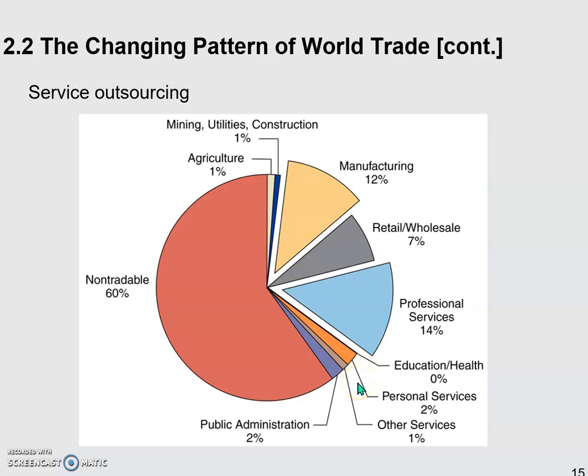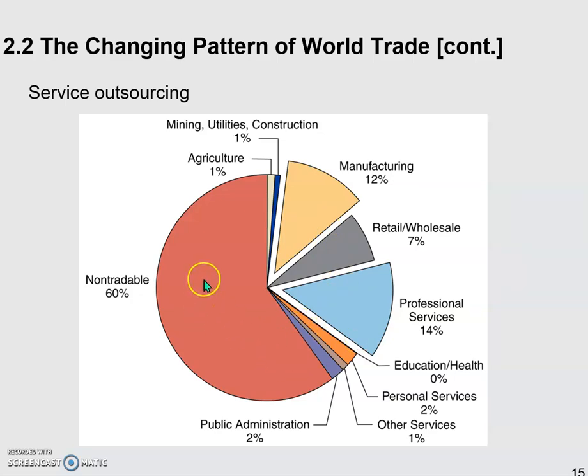They eventually find that 60% of services are non-tradable. In other words, they have got to be produced and consumed or sold in the same country. However, 40% of the services are actually tradable. Okay, so you may think, well, 40%, it's still less than half, right?